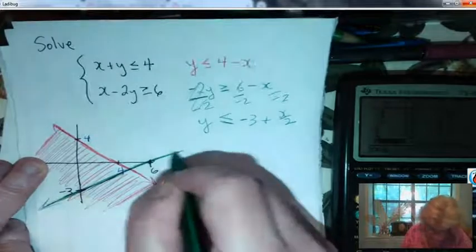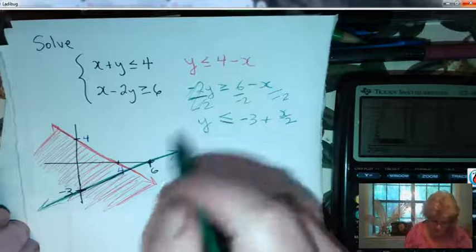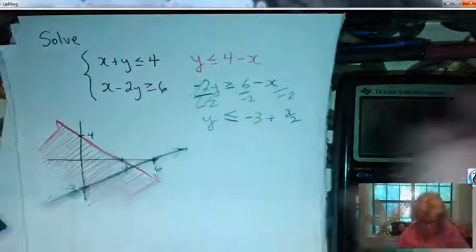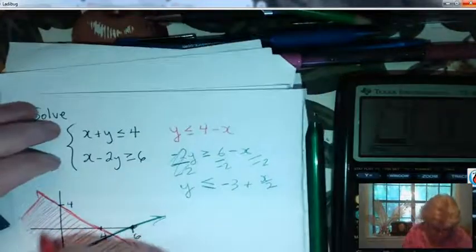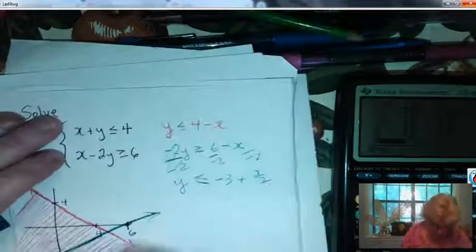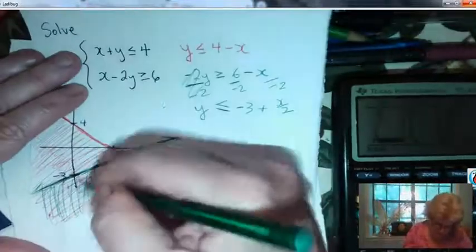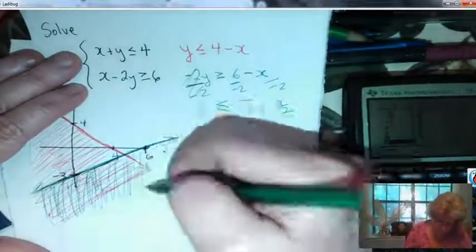So I have the line, but I need everything on and below. So I'm just doing this as far as the page allows me. There's the red, and then here's the one for my green. Okay.